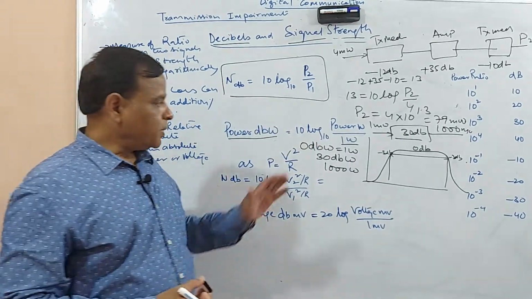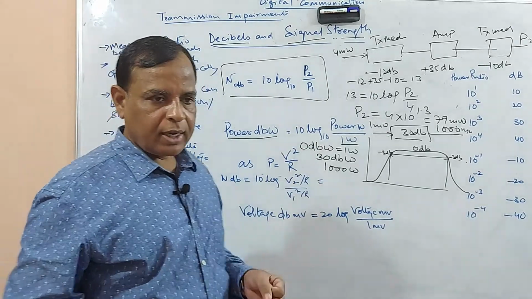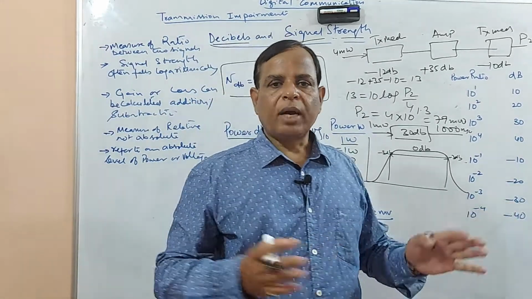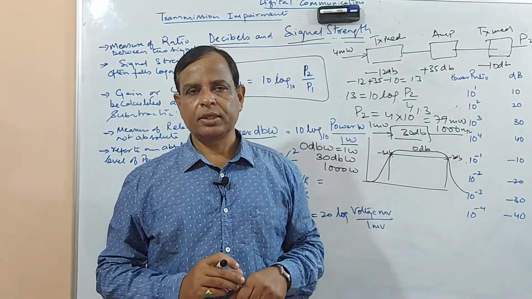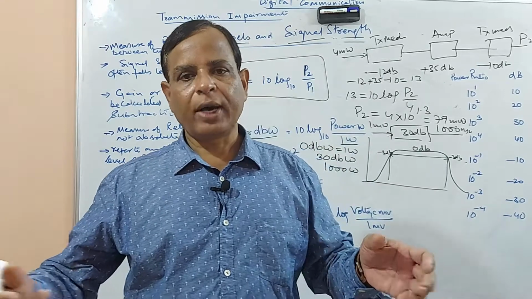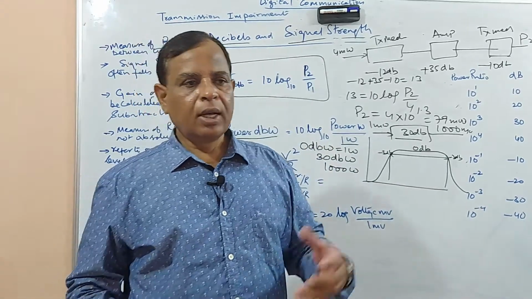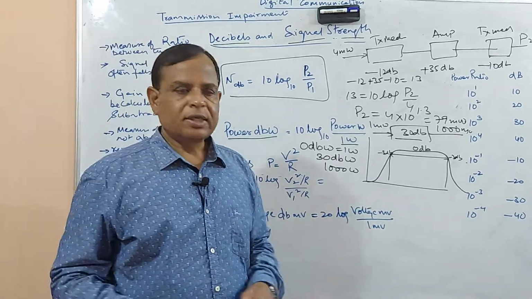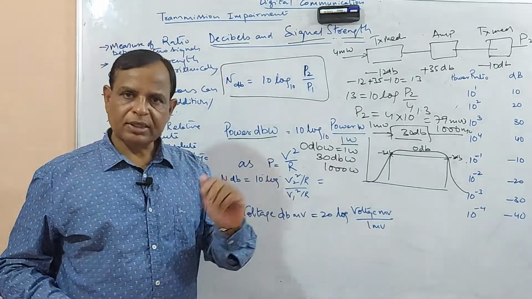Okay. So this particular kind of powers, when you are talking in terms of watts, generally we will be using in the microwave applications where high powers are there. Sometimes it's a good practice, like in wireless communication systems and all, if the powers are in milliwatts, there is a general practice to represent the powers in milliwatts.